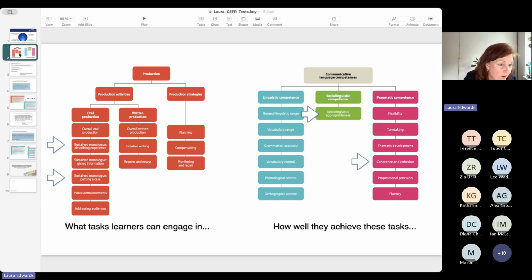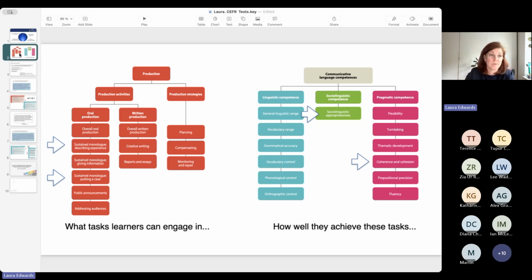So it's not enough asking them to describe experience. We then look at their vocabulary range, their grammatical accuracy, phonological control. But in particular, we're going to look today at the sociolinguistic appropriateness or coherence and cohesion. So there's a lot of things going on as a teacher to try and assess all of these things.